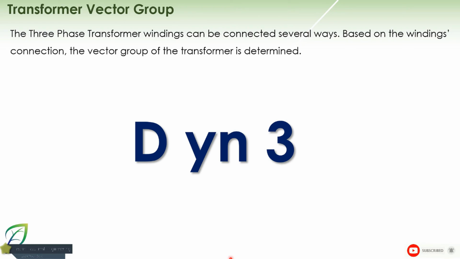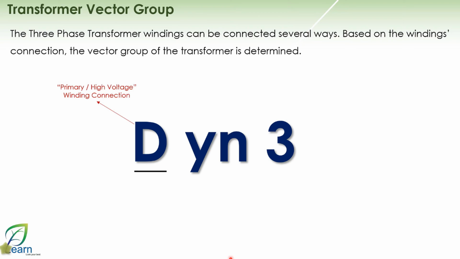The D, which is a capital letter, refers to the primary or high voltage winding connection, which is connected in a delta configuration. The y, in small letters, refers to the secondary or low voltage winding connection, which is in a star configuration.